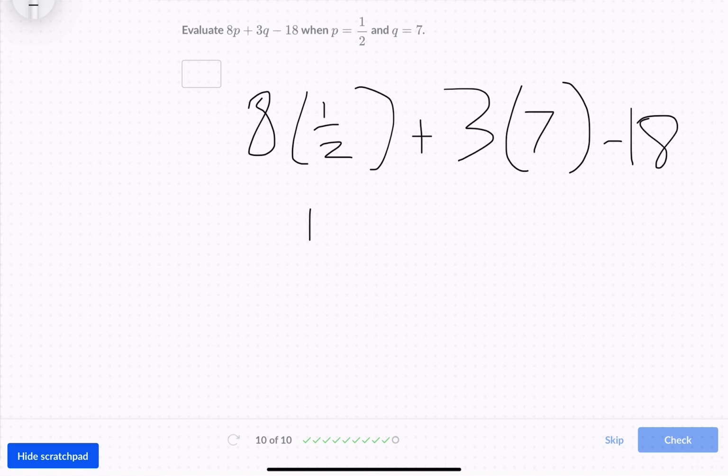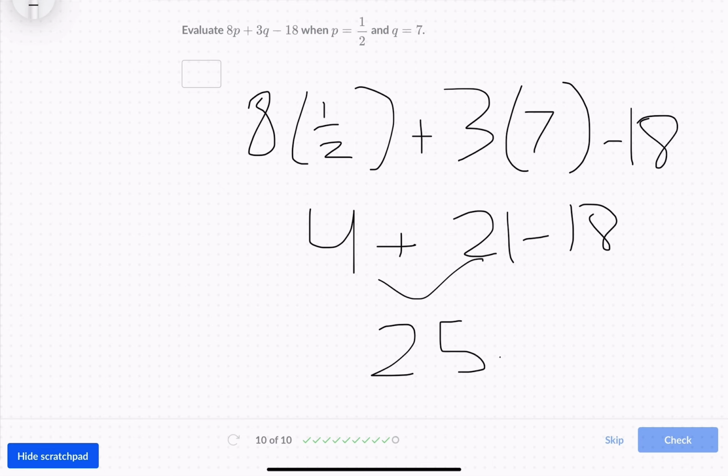So 8 times 1/2 is 4, plus 3 times 7 is 21, minus 18. So we'll do this first, 25 minus 18, so that's just 7.